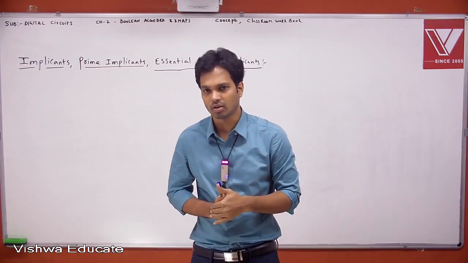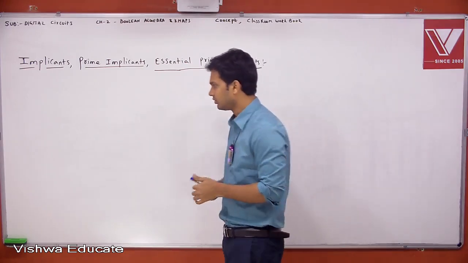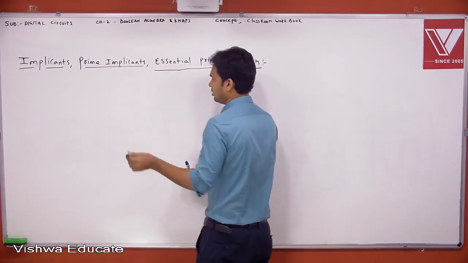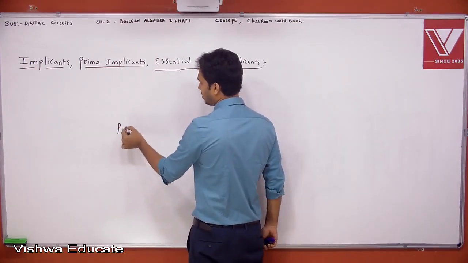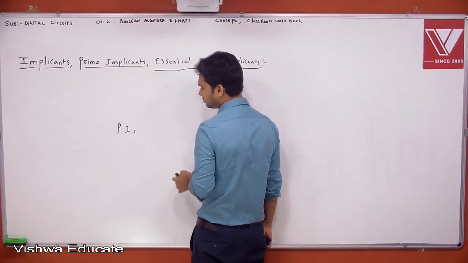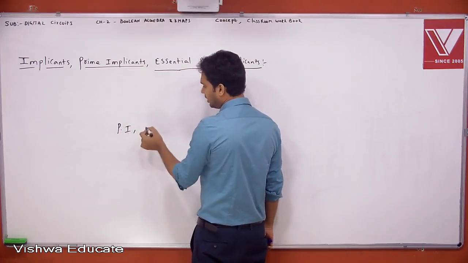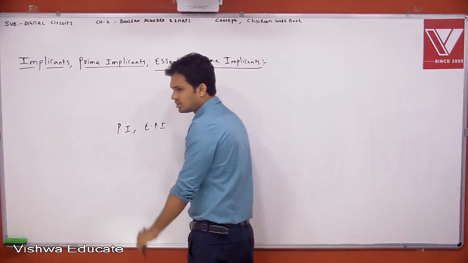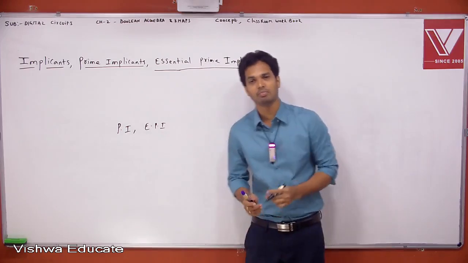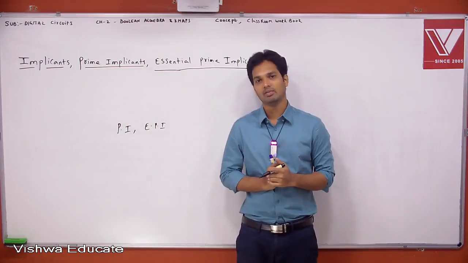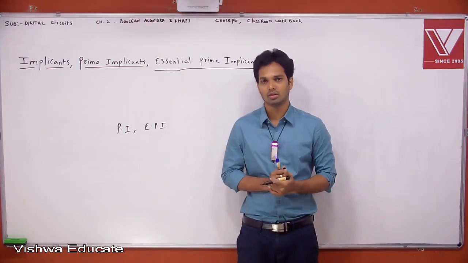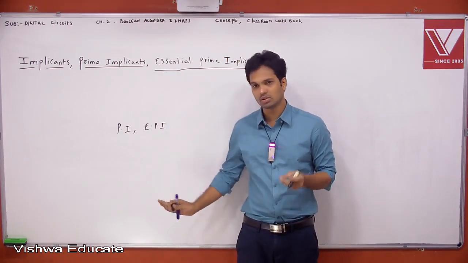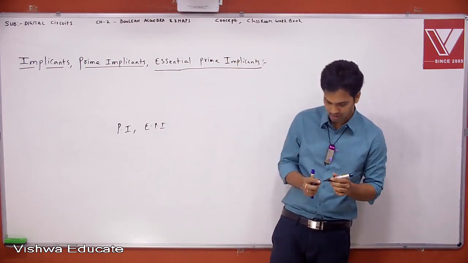Write down. Determine the number of PI and EPI. PI means prime implicant. EPI means essential prime implicant. Determine the number of PI and EPI in the following. So in the next coming questions, let us see. Let us find number of PI and EPI.